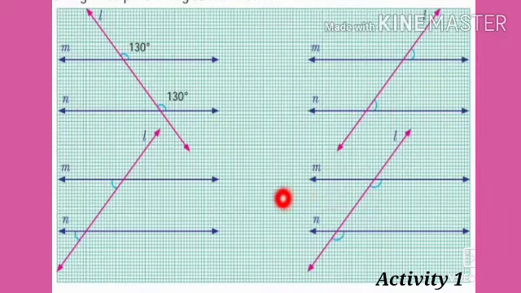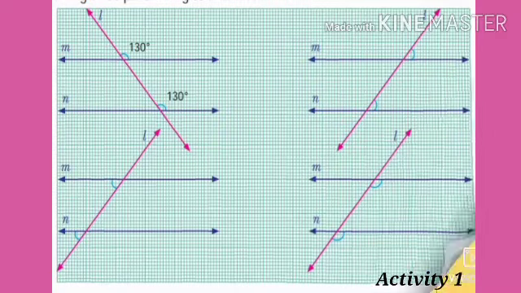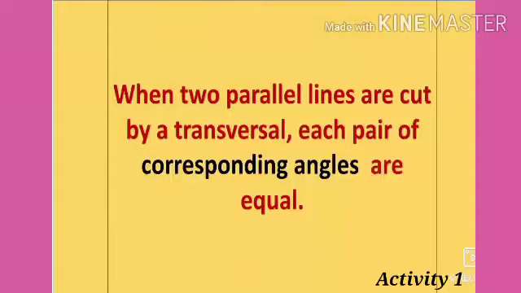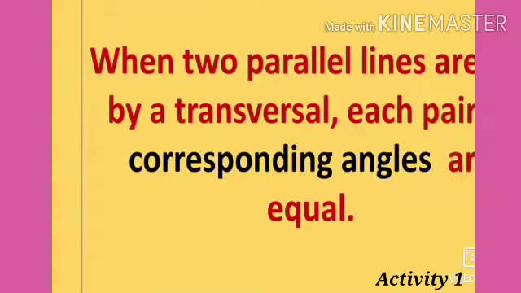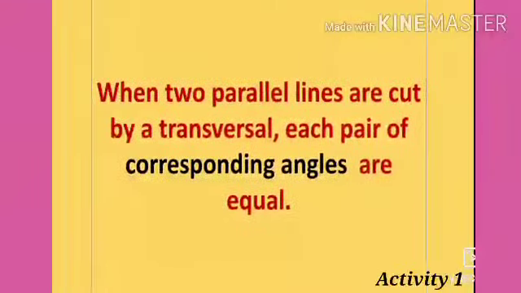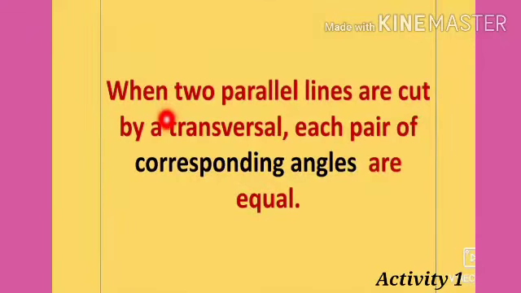From the above activity, we can conclude that when two parallel lines are cut by a transversal, each pair of corresponding angles are equal.